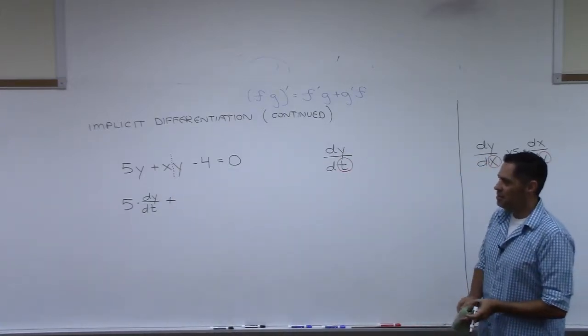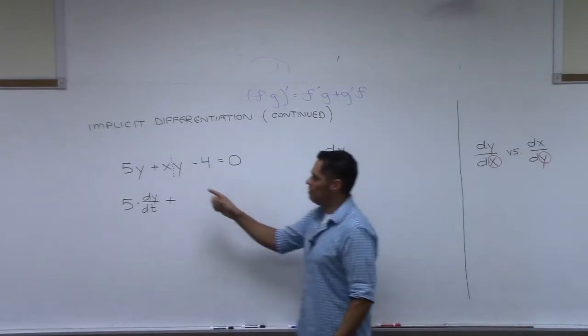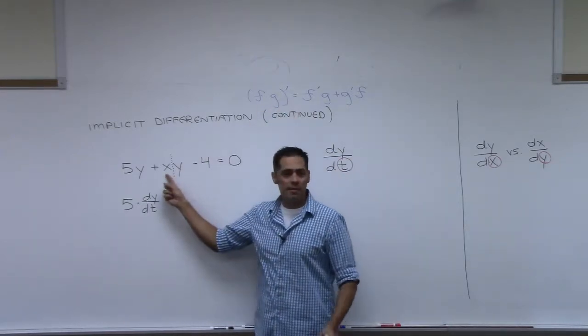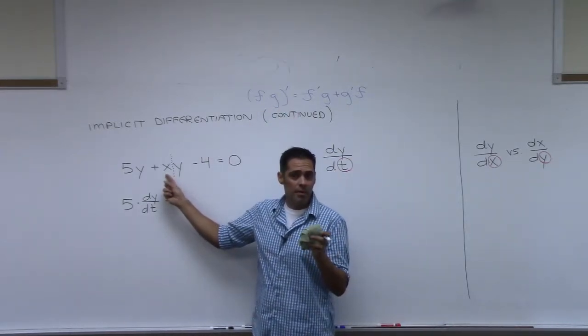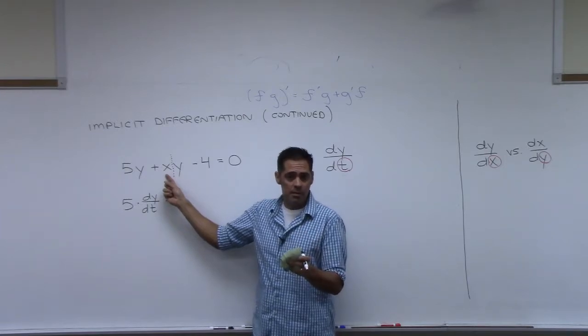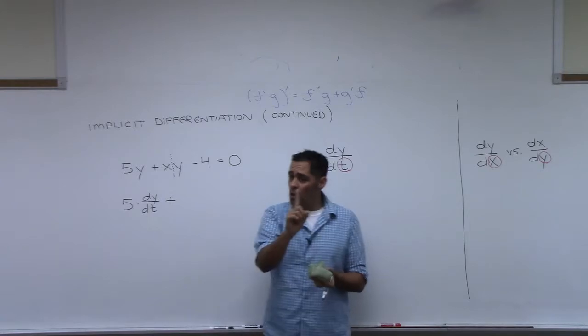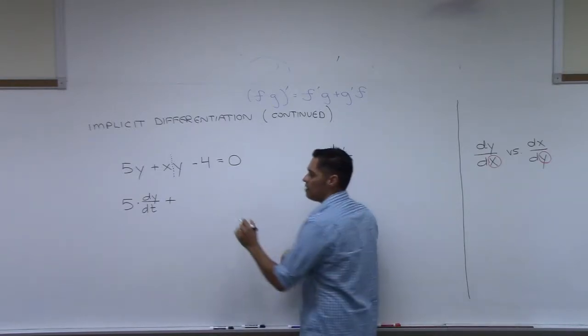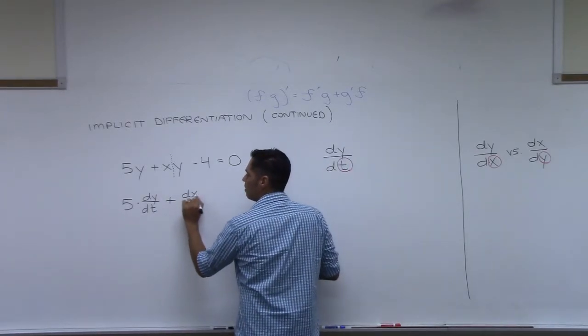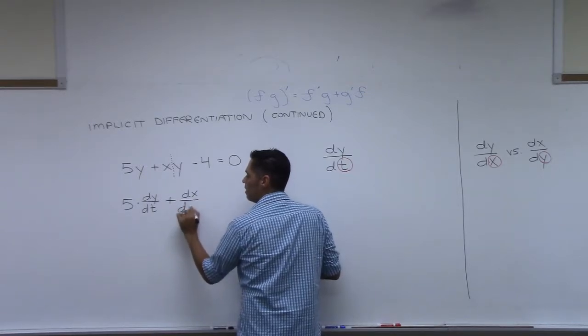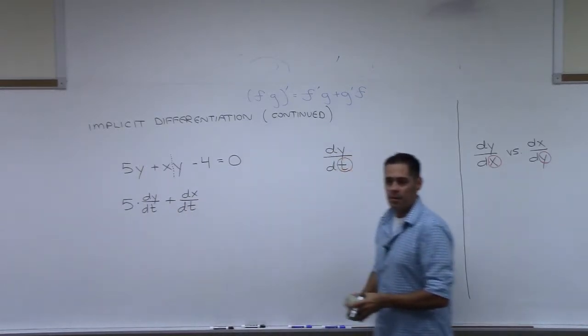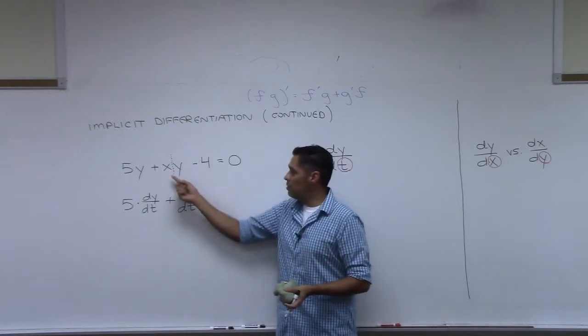Okay, this is the one that's tricky. If I'm doing the product rule, what is the derivative of x with respect to time? You almost want to say x prime, right? It's not 1 though, right? So instead of saying x prime, I'm going to write dx over dt. It's the rate at which x is changing with respect to time.